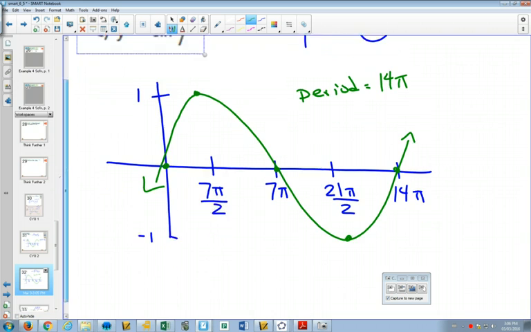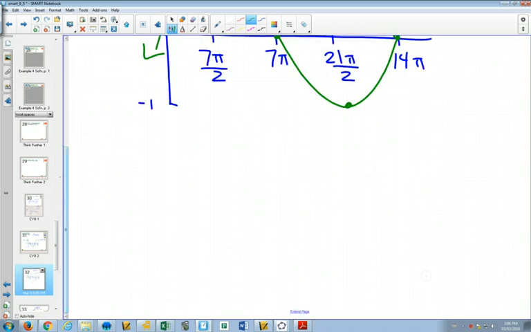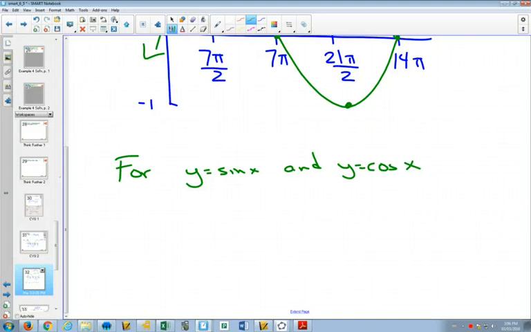Now to summarize, and this is at the bottom of your page, for sine and cos, what we're going to say is that if you have a number multiplied by x inside either sine or cos, we use the variable capital B for that, because if there was a number out in front, we're going to use capital A later on for that.